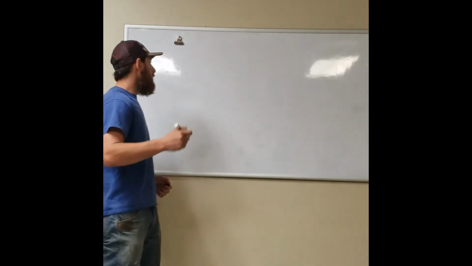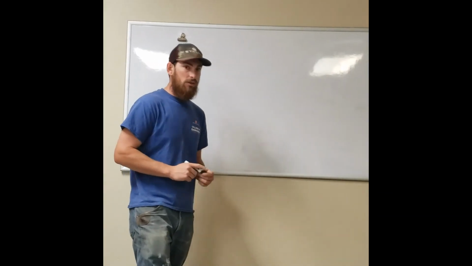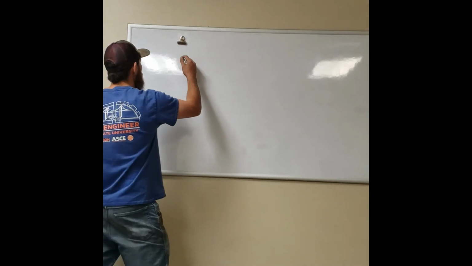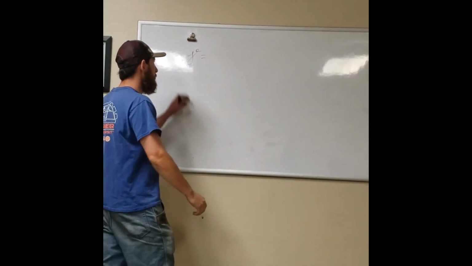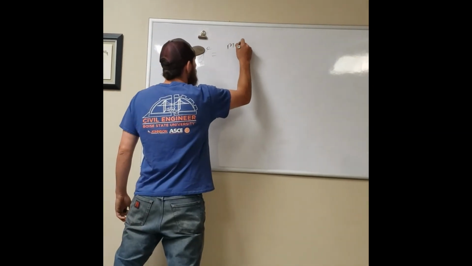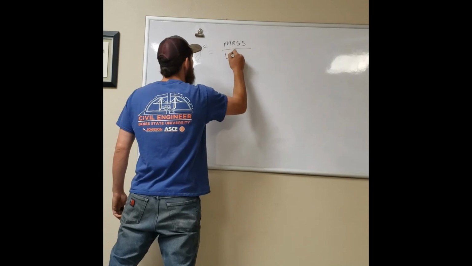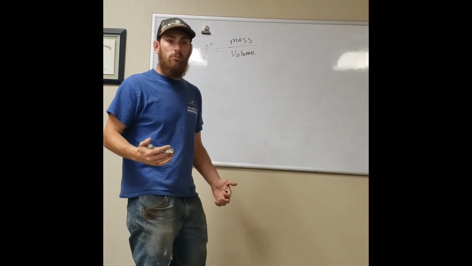So the way that a Proctor works, the equations that we're going to be using are primarily moisture contents, but there's also density. So your unit weight is just your mass over your volume. We will have a known volume in our Proctor molds.